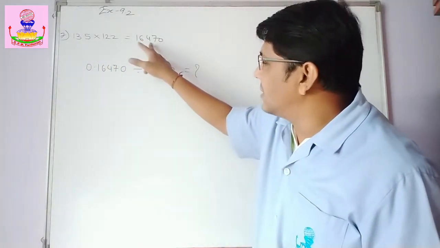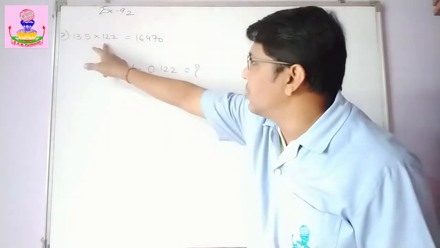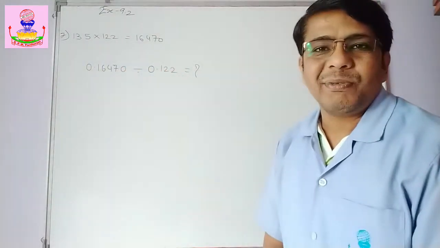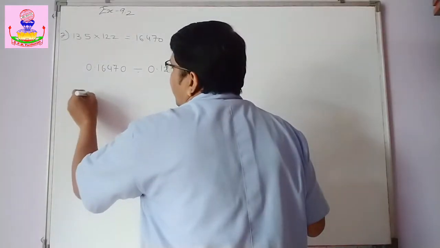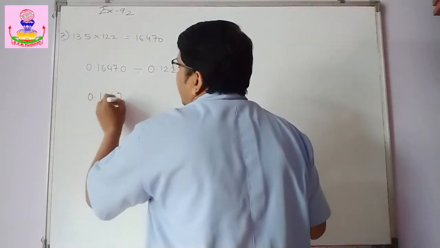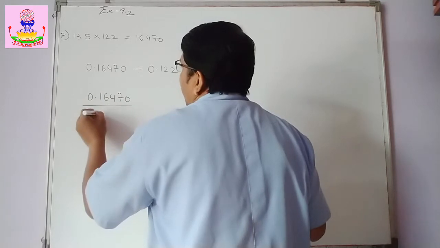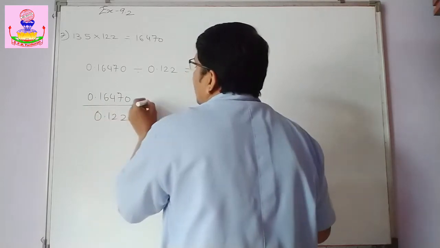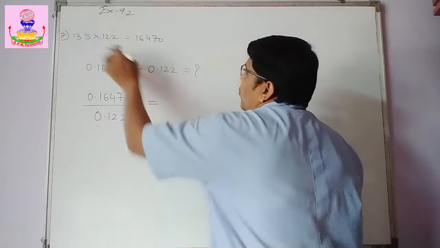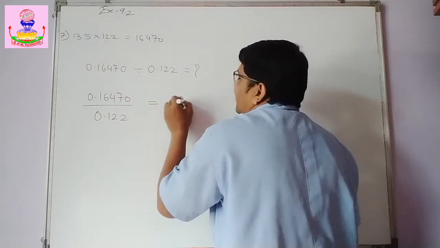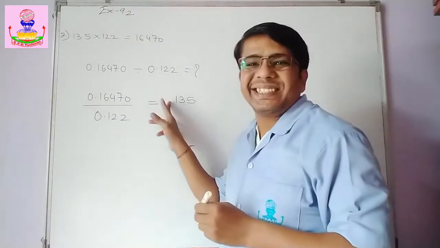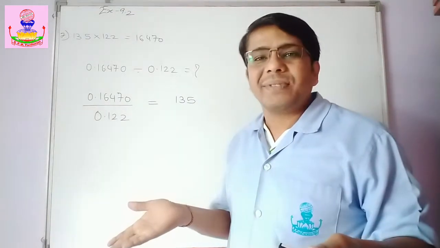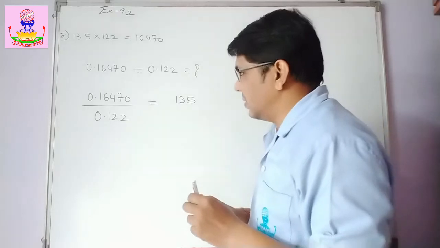So when I divide 16,470 by 122, I am going to get the answer 135. So I should know this, that 0.16470 divided by 0.122 should be equal to 135. The only thing is the decimal point. Where I should put the decimal point, that's the question.